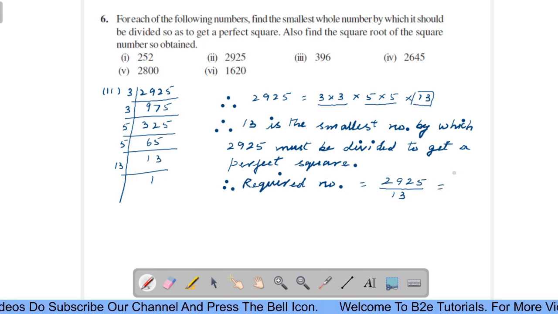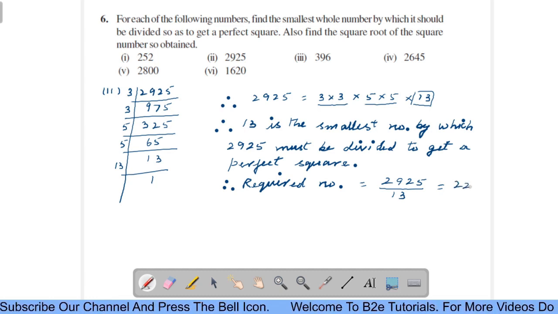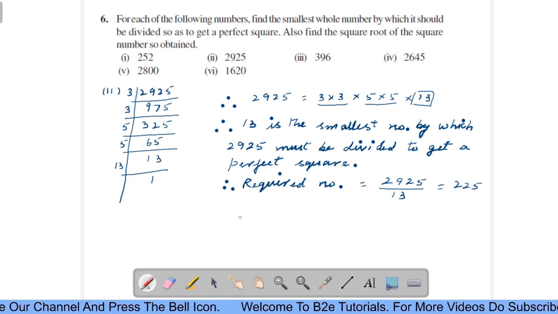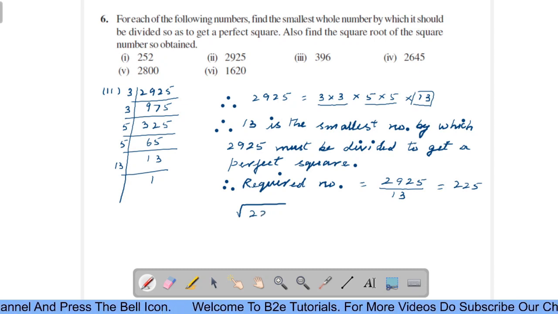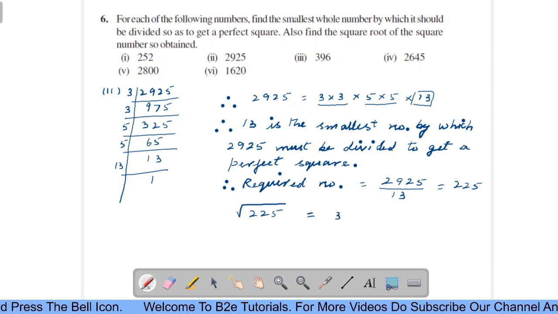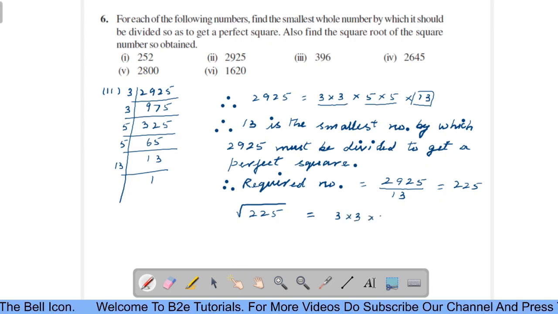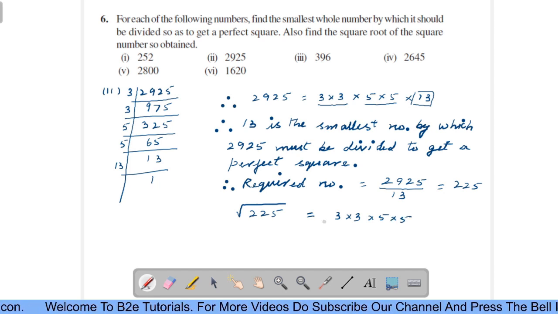What will you get? It is 225. Now let us find out the square root of 225. The square root of 225 equal to 3 into 3 into 5 into 5 within the square root.